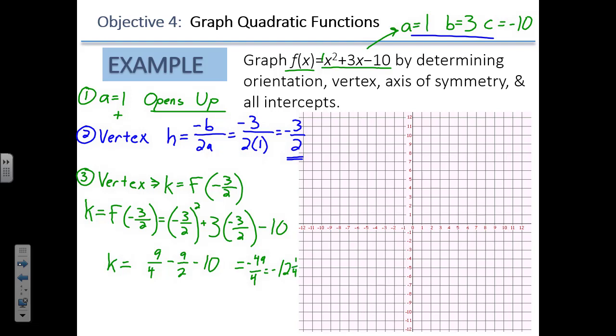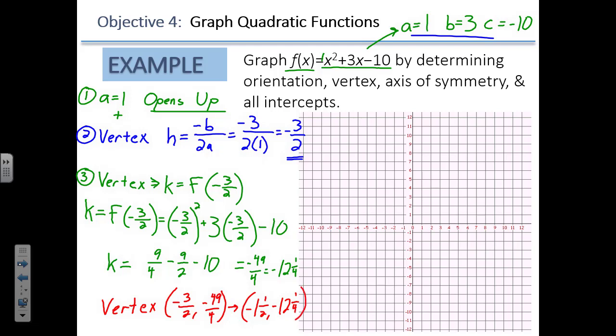So what we've found is that our vertex must be located at negative 3 halves, negative 49/4. Or if we want to put those into mixed numbers to make them a little bit easier to think about, that's negative 1 1/2 and negative 12 1/4.